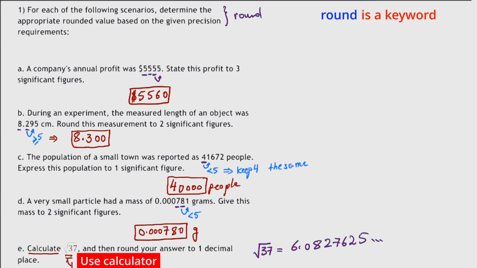Rounding to one decimal place, the first digit after the decimal point, this will give us 6.1, since the next digit is bigger than or equal to 5. So the answer becomes 6.1, and the rest of the digits become 0. There is no need to write them since they are after the decimal point.